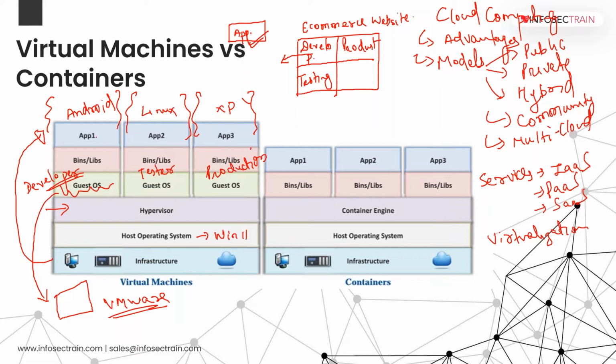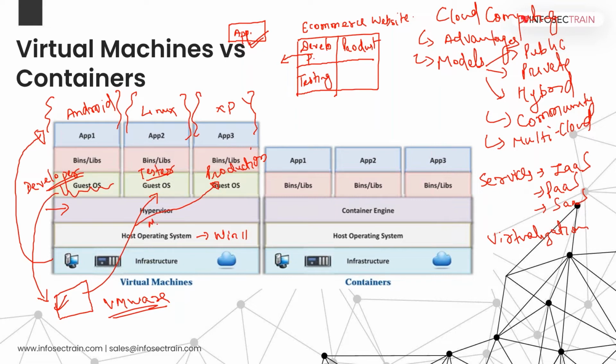Now once the application has been created, the developer transferred the source code of this application to your testing department or your production department. When the testing department or production department tried to run this application on their machines, on their systems, it was not working.